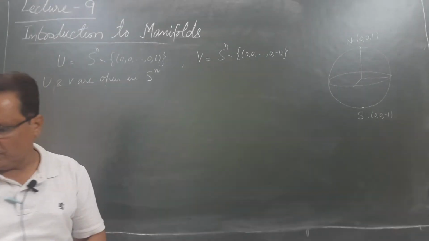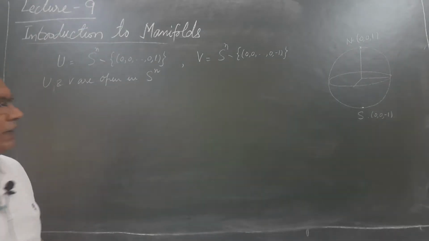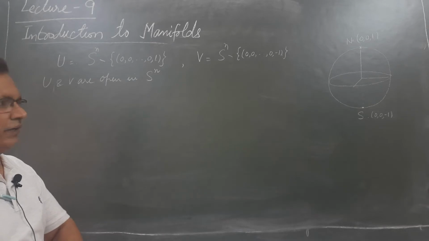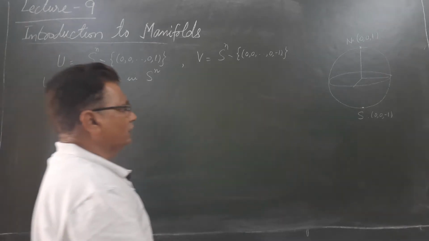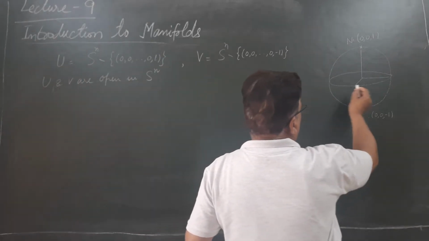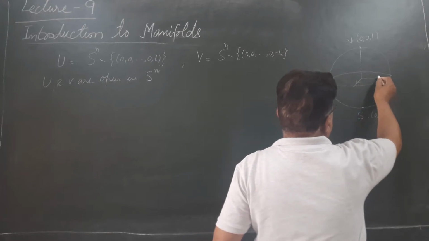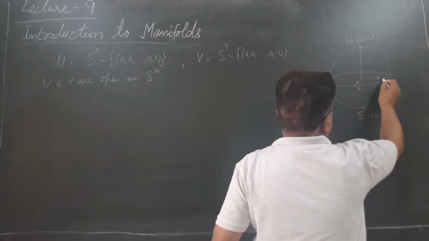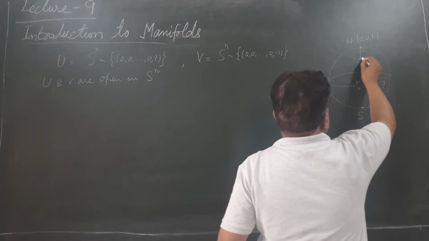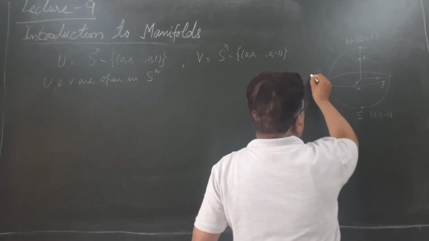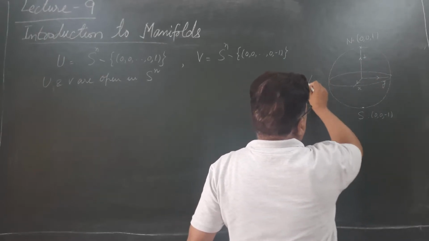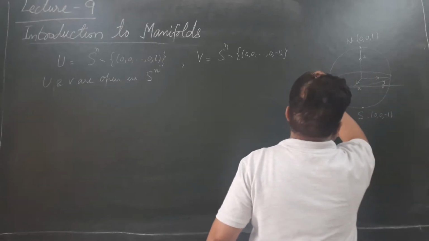Now I have to find a homeomorphism on U and V. This homeomorphism is a famous map, we call it stereographic projection. So you can see that if you look at S2, this is the x-axis, this is the y-axis, this is the z-axis. So you just draw the xy plane. The xy plane is this plane.